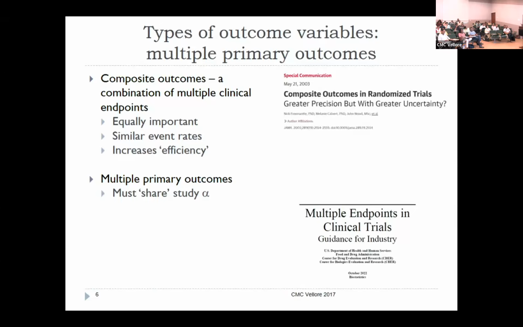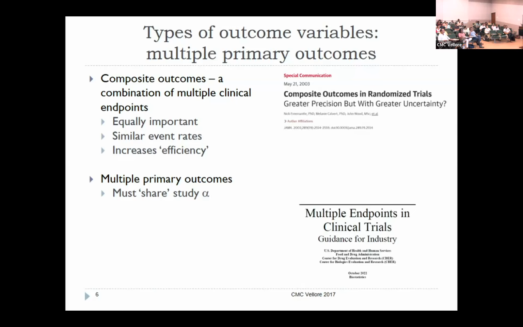And if you go to the guidance for industry of the FDA, there are pages and pages of all of these different types of hierarchical testing procedures that the US FDA will allow. Why do they have so many methods?